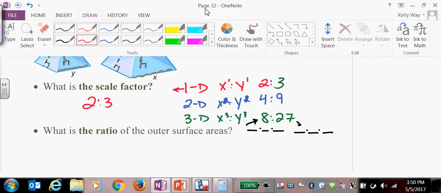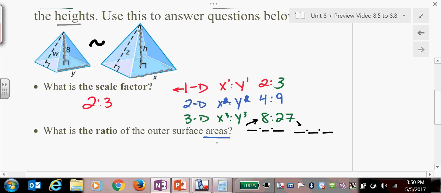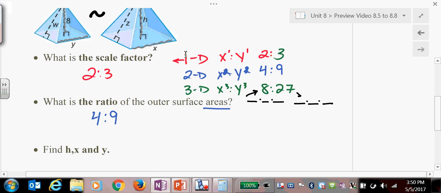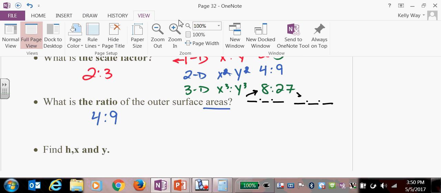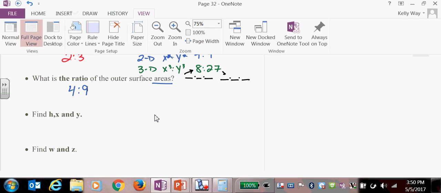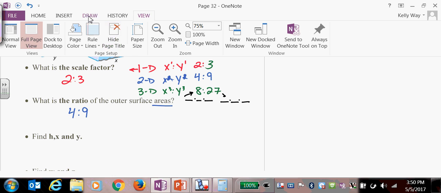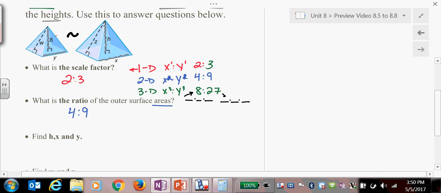What is the ratio of the outer surface areas? That's going to be 4 to 9. And we want to find h, x, and y. So that is just length. H, x, and y is length to length.